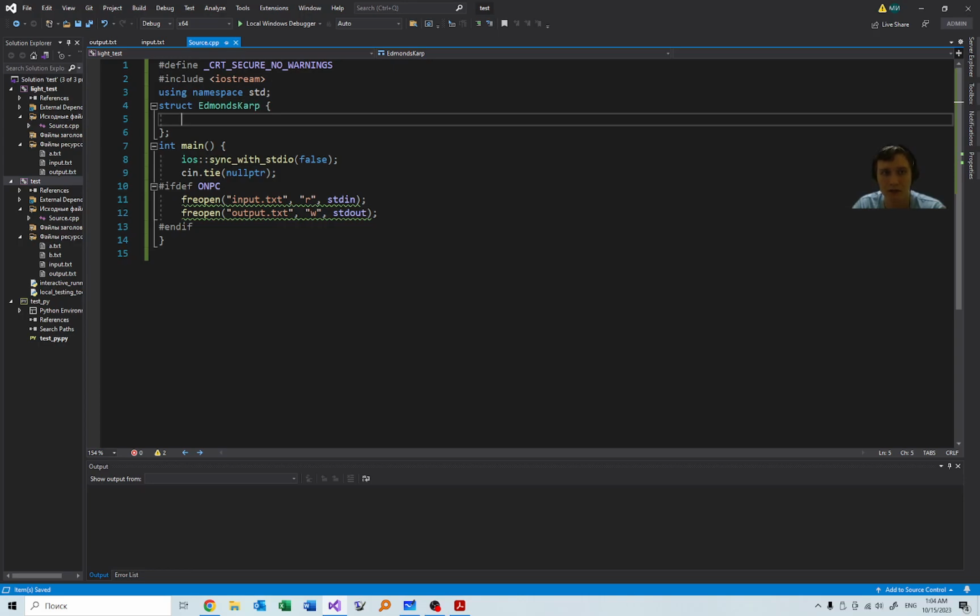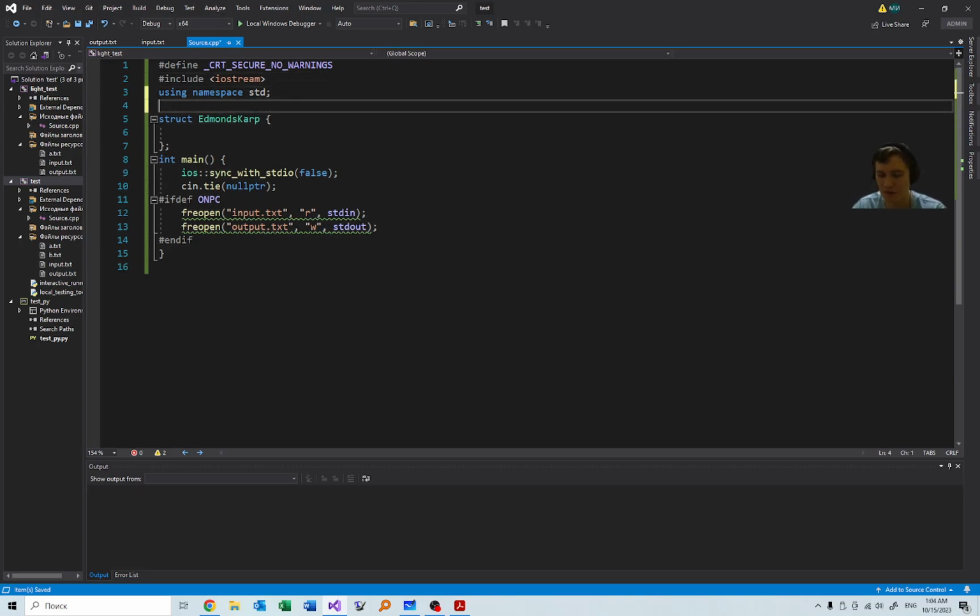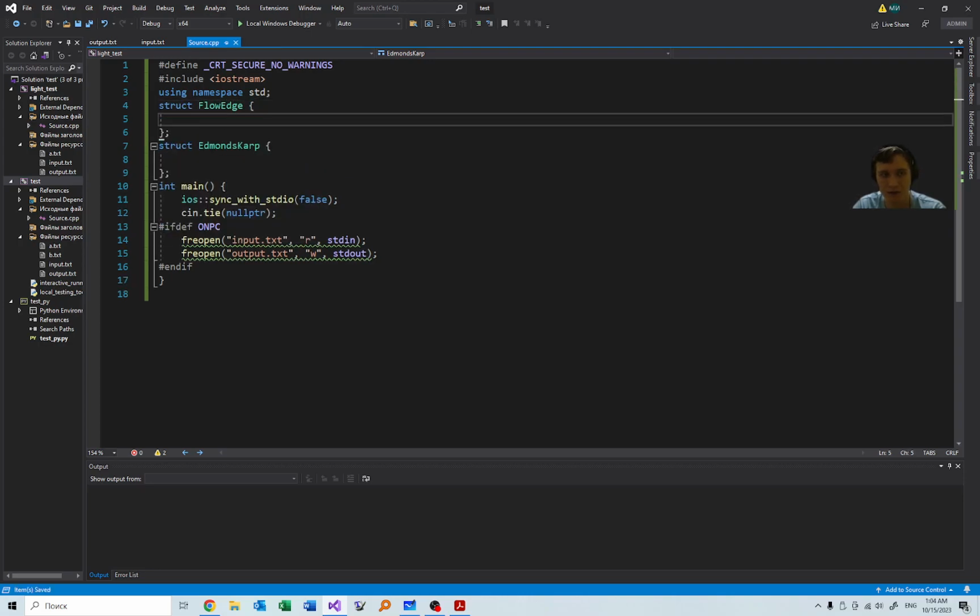Okay. What does it do? We have struct flow edge, which consists of start, finish, capacity, and flow.